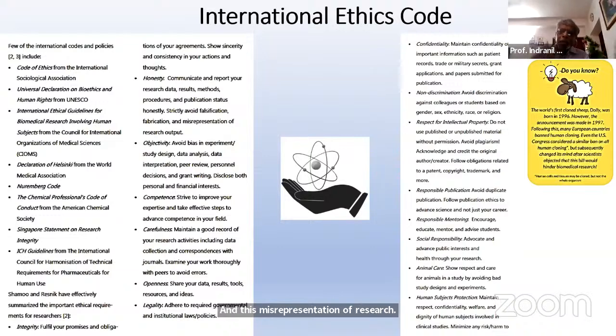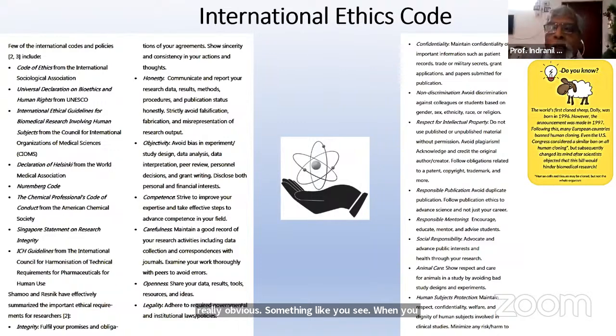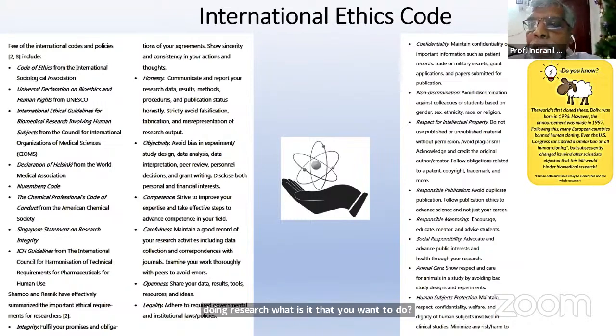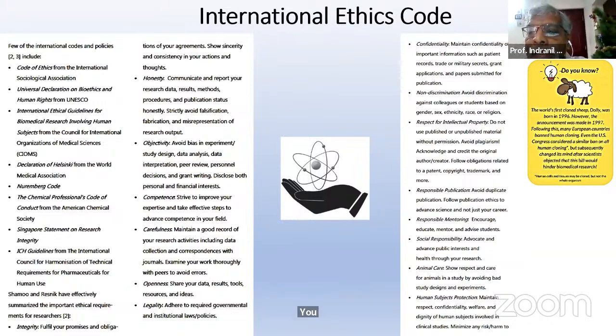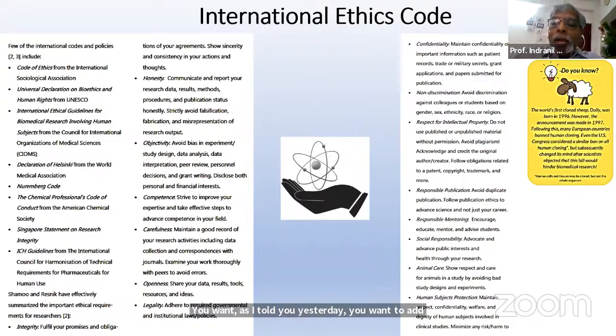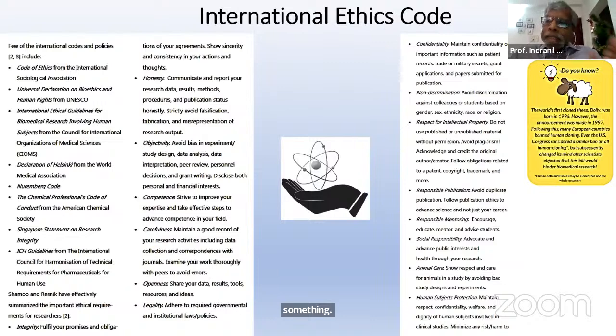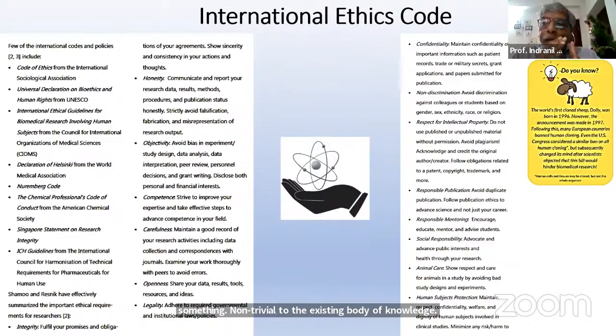Now, see, it's very obvious. When you are doing research, what is it that you want to do? As I told you yesterday, you want to add something non-trivial to the existing body of knowledge. So that is something which will survive through the ages. It is not that you publish a paper today and that is it. Today people speak of the h-index.